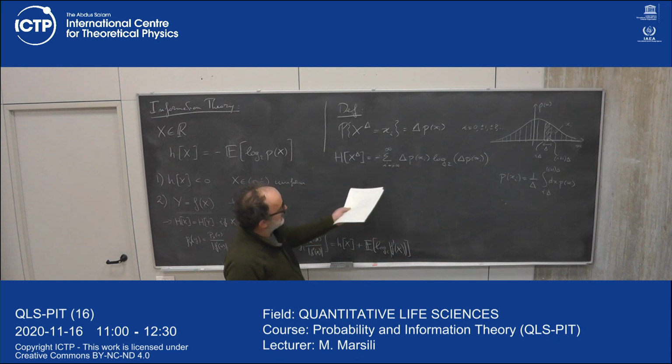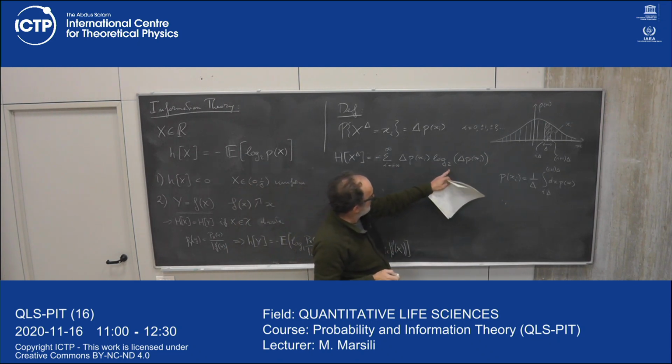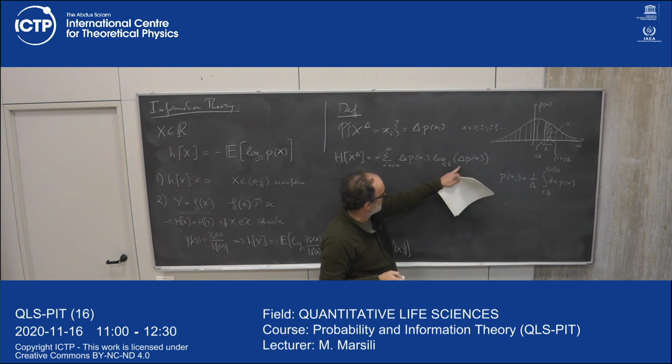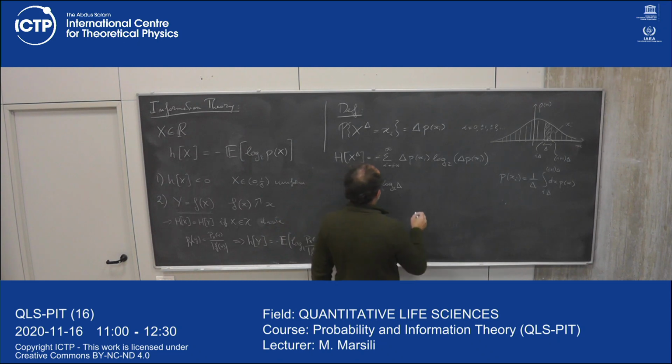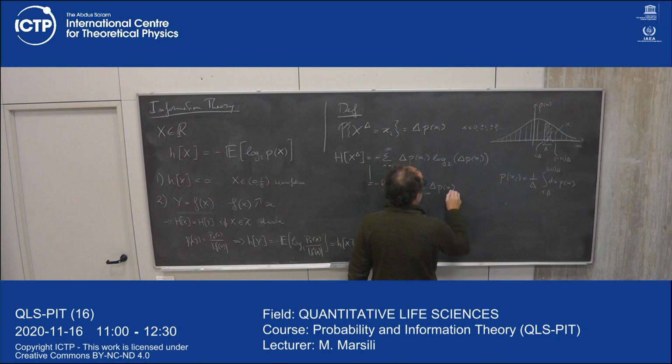Now you see that I can take, so this log 2 of delta times this is log 2 of delta plus log 2 of P. Log 2 of delta I can take out, so there is a term minus log 2 of delta. And then there is a term that is minus the sum over i from minus infinity to infinity of delta P of xi times log base 2 of P of xi.